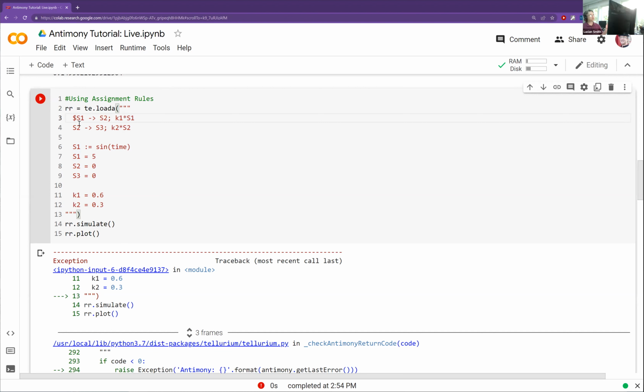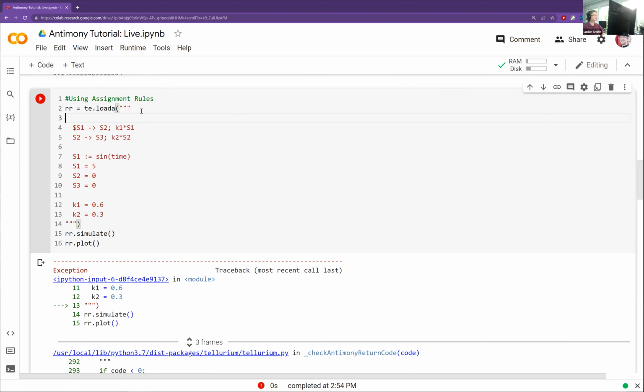If you set it as a boundary species by using this little $, you can also say X S1. Either of those methods will work. That means that species cannot be changed by reactions anymore.